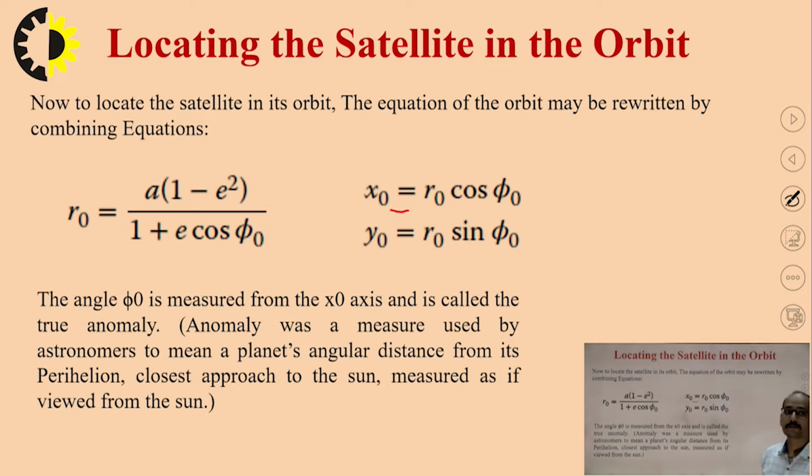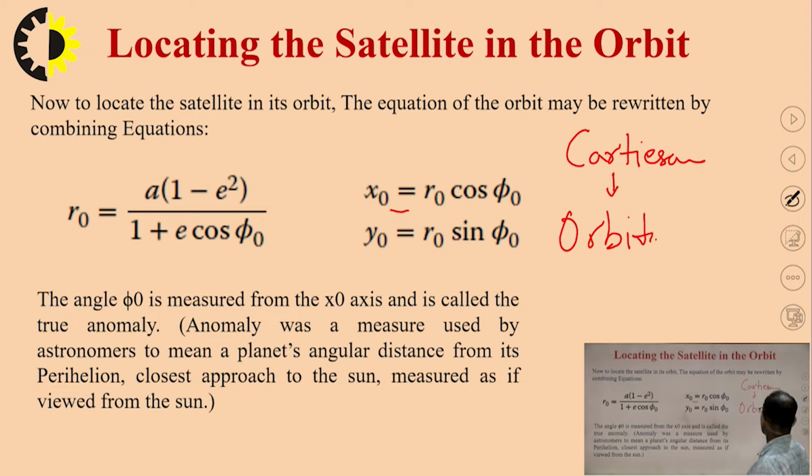It is coming from that changing in which first you are using a Cartesian coordinate system, then an orbital plane coordinate system, and the third one is the polar coordinate system.